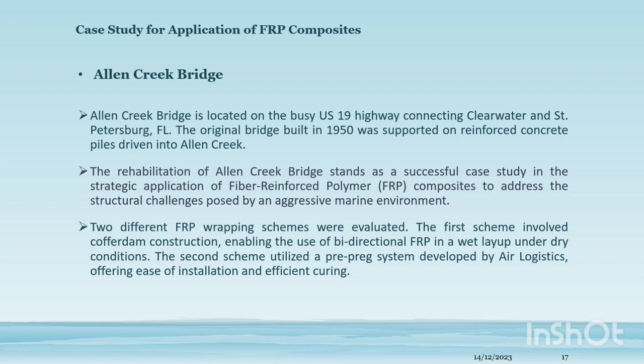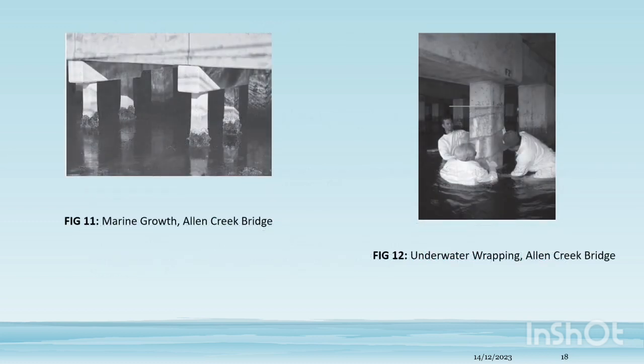The first scheme involved cofferdam construction, enabling the use of bidirectional FRP wet layup under dry conditions. The second scheme utilized a pre-preg system developed by Air Logistics, offering ease of installation and efficient curing. Marine growth on Allen Creek Bridge and underwater wrapping of Allen Creek Bridge.